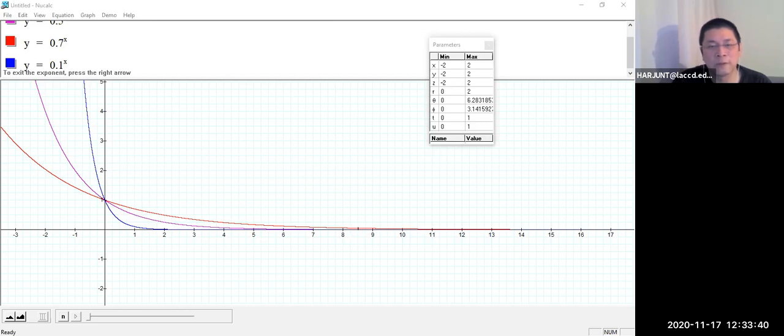X-intercept still none. The difference is that it is now decreasing. Even though it is decreasing, once a function is increasing or decreasing, the function is 1 to 1. If I add more details, this is 0.1 to the x. This is 0.5 to the x. This is y equals 0.7 to the x.